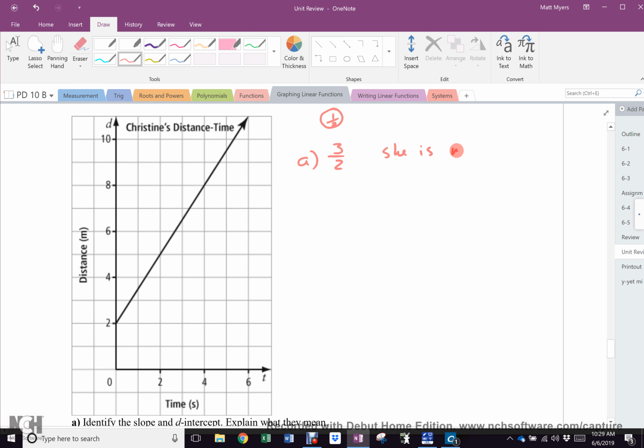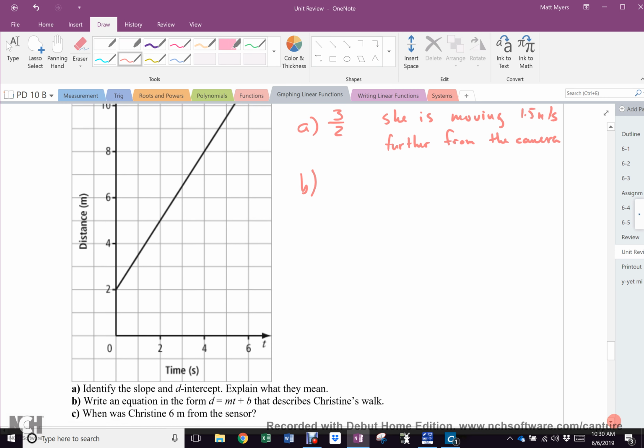She is moving 1.5 meters per second. Where? Where is she moving? Thank you. Further from the camera. Or away. So you need something about speed to get your other half mark there.